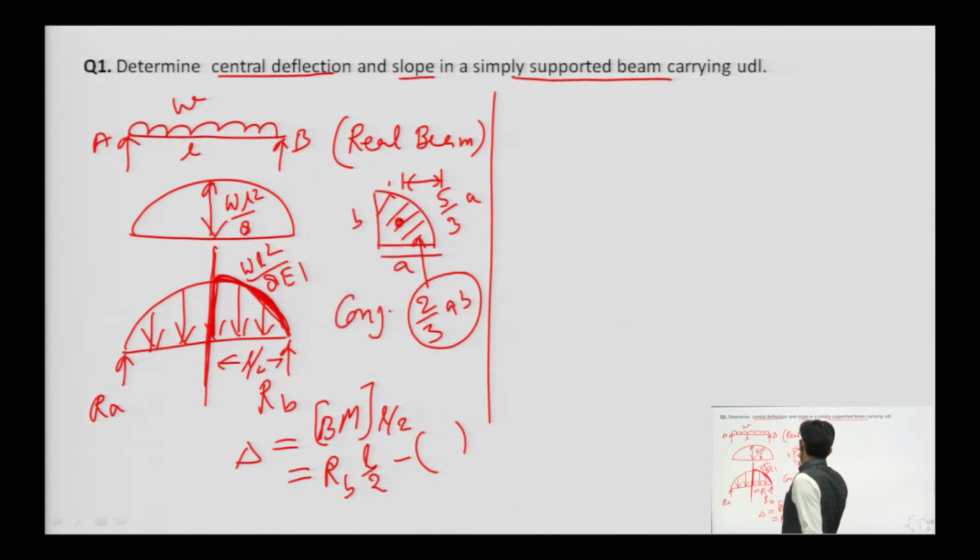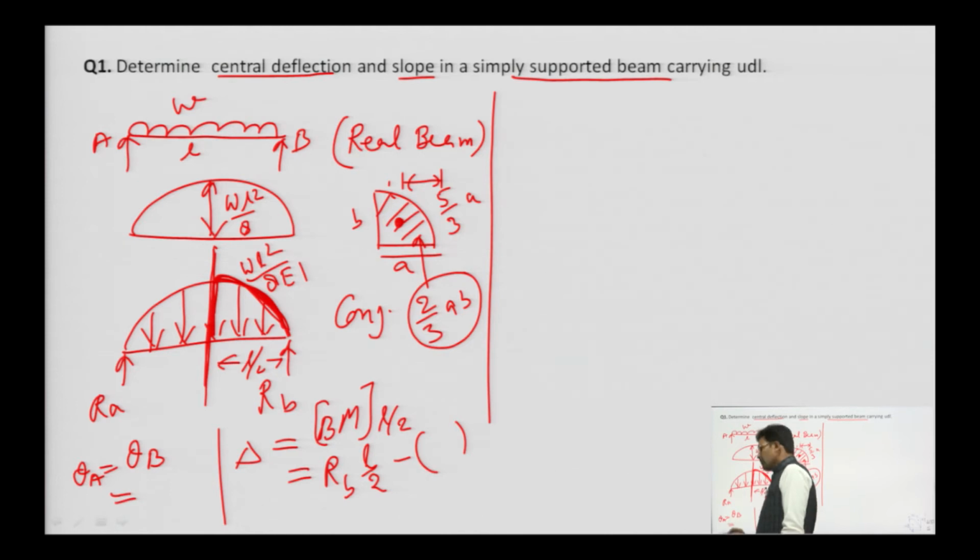So we can calculate the loading, and we will multiply it by the corresponding length. So we will have the value of central displacement, and slope will be what? Slope at A or slope at B, since this is symmetrical, equal value of slope will be there.